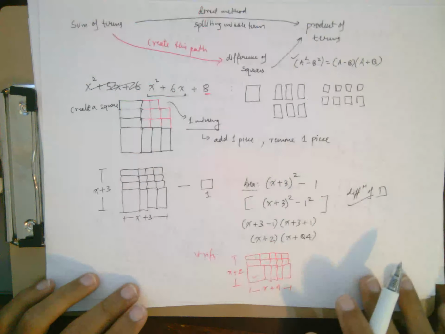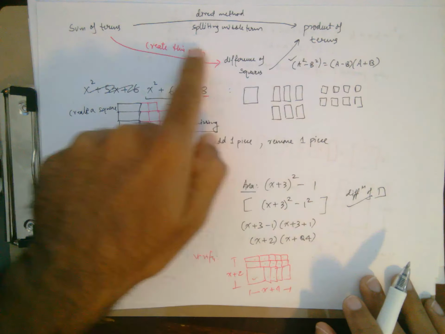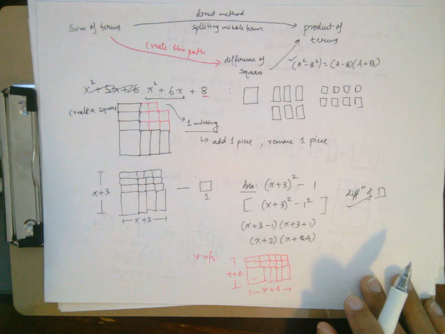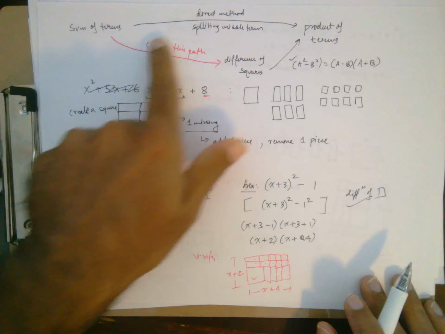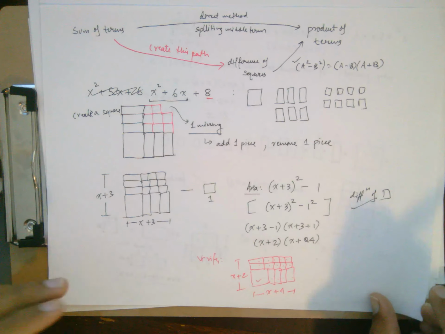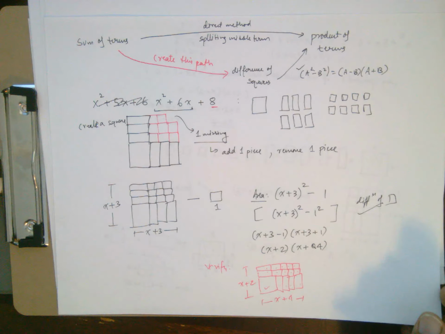So we have created this alternate way of getting to product of terms. Slightly convoluted. We add an extra step, but it's necessary because our previous method doesn't work for all examples. Now I've been saying it doesn't work for all examples, so let me create an example where that's true and it doesn't work. Like in this case, it does work.